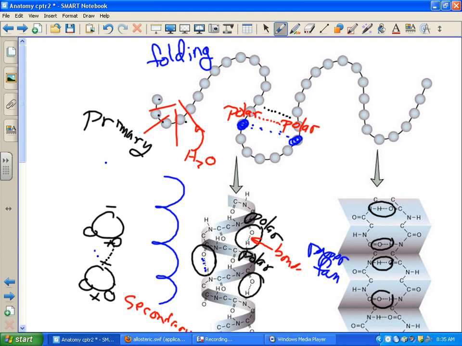You're splitting those bonds, so when you eat an egg, a piece of meat, dairy products, things that are high in protein, what your body's doing is adding a whole bunch of water chemically. You're breaking each of those little peptide bonds and getting a whole stockpile of amino acids that your cells can then use to build their own proteins.